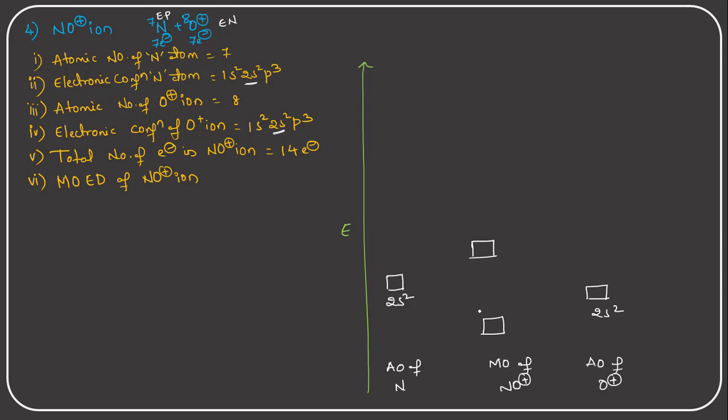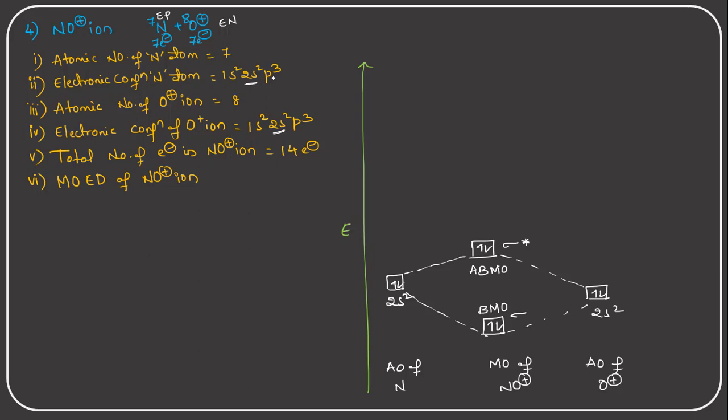One is the bonding molecular orbital, represented with sigma, and the other is the anti-bonding molecular orbital, represented with sigma star. Here two electrons and two electrons, so the total number of electrons is 4, right? So 4 electrons we have to enter like this.